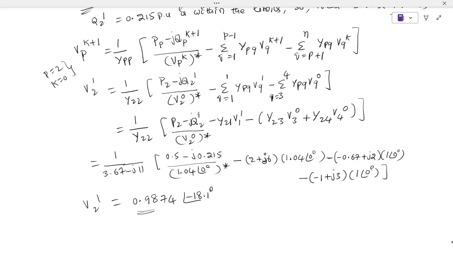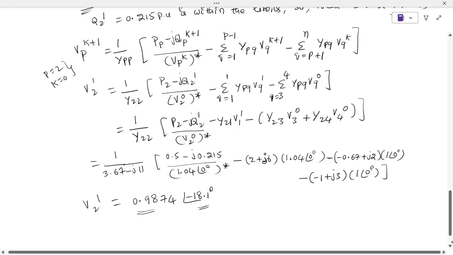That's why we need to treat this bus 2 as PV bus only. So for PV bus, V is specified, V is a known value, that is 1.04. Only this angle is not specified, that we have calculated now. Only consider this, and instead of this value, take the actual value 1.04.